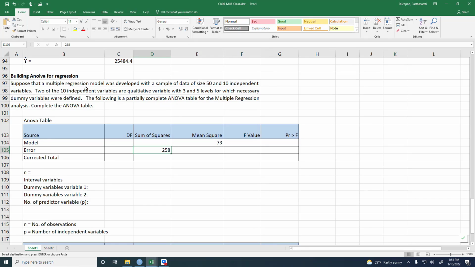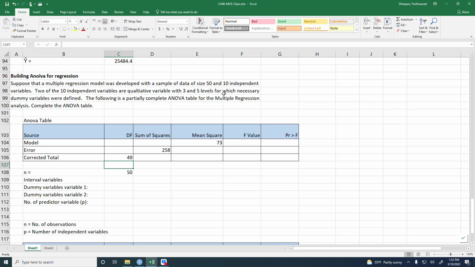So suppose that a regression model was developed with a sample data of size 50. So n is 50. Okay, so we can immediately say the degrees of freedom for total is going to be n minus 1. That we can fill right away.